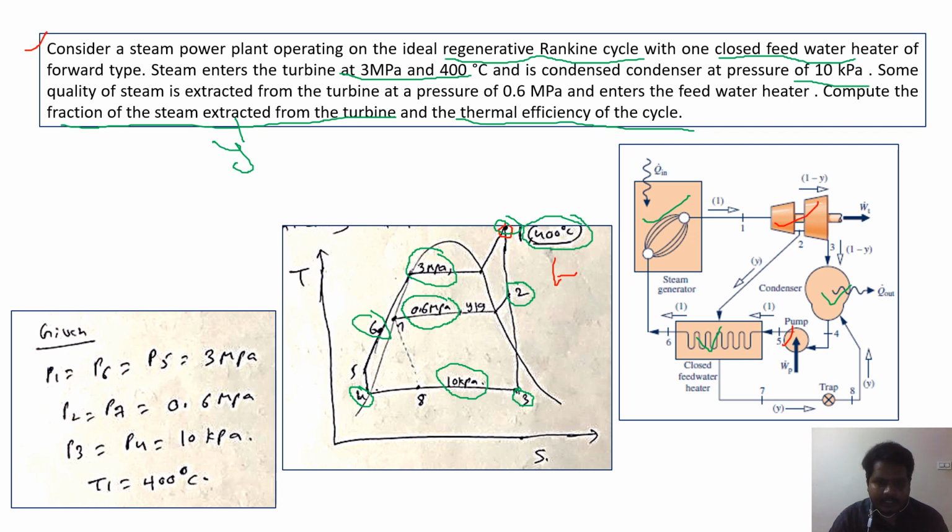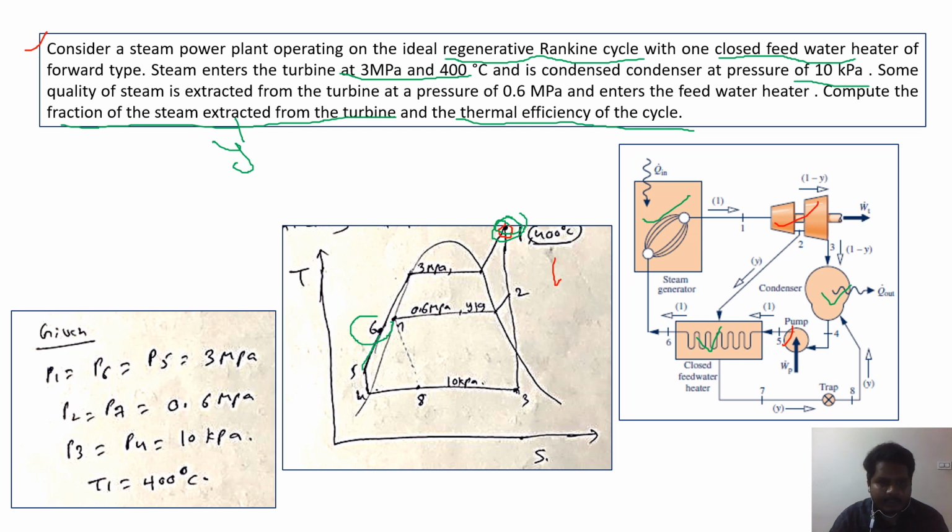So from this TS diagram, 6-1 is the heat addition process, so we can write P6 equals P1, and also P5. 5 to 6 is also a constant pressure process, so P5 equals 3 megapascal.